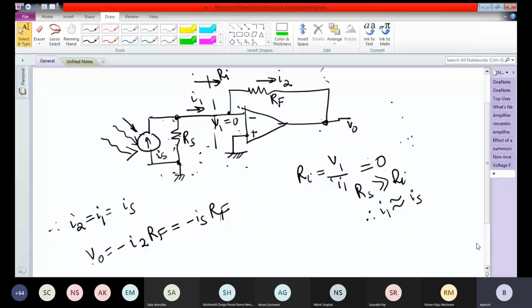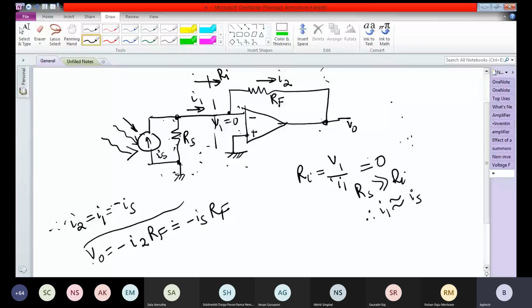So you see that the output voltage is proportional, as simple as that. The output voltage is proportional to the input current IS. Okay. So this is simply how a current to voltage converter works. The input signal IS is converted to an output voltage, which is proportional to the input signal current.